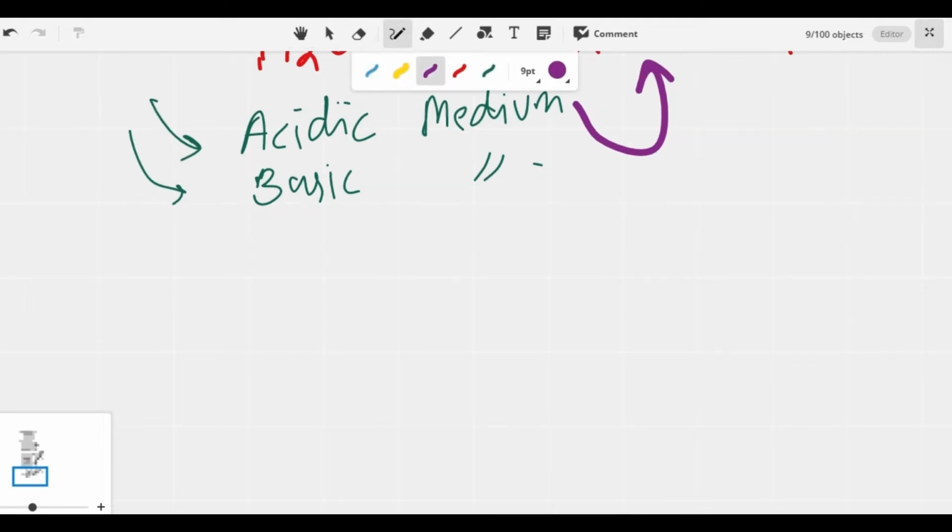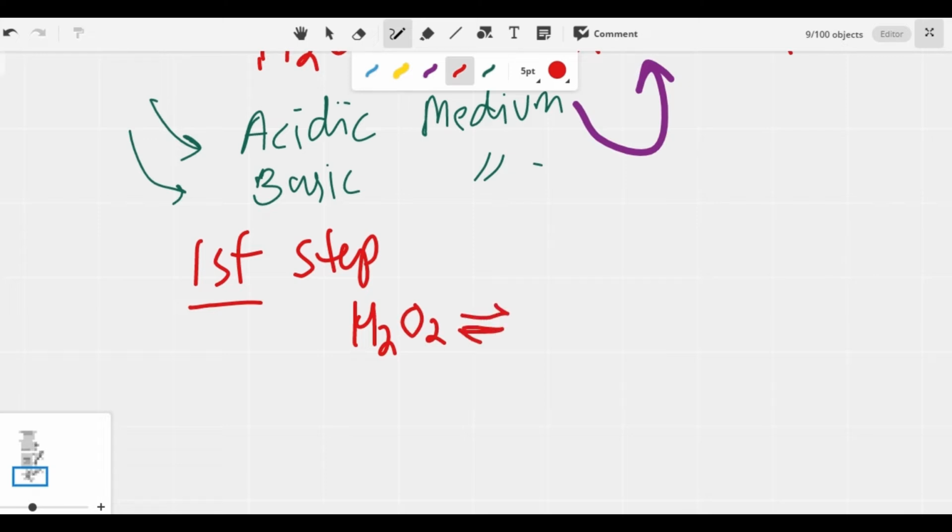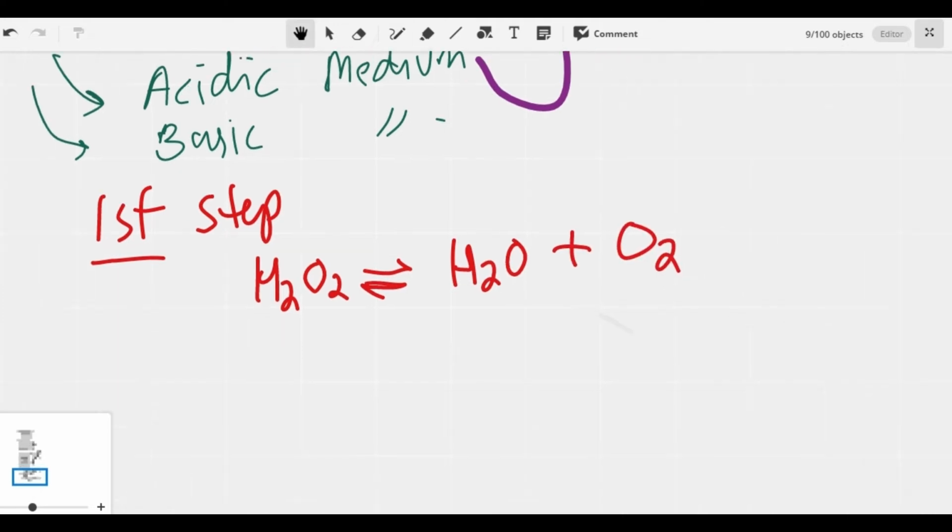So as the first step, write the equation. Here is hydrogen peroxide that will split into water molecule and oxygen.